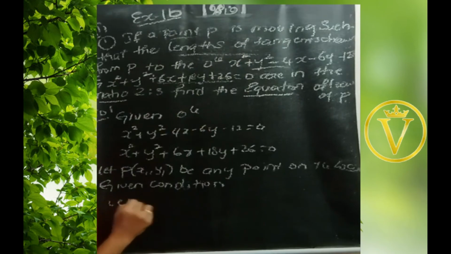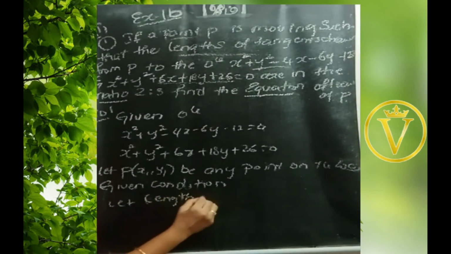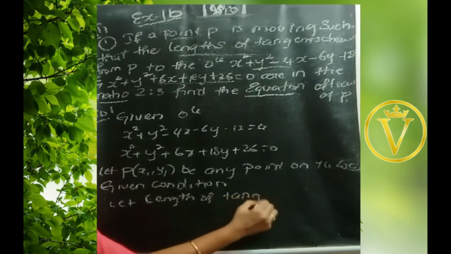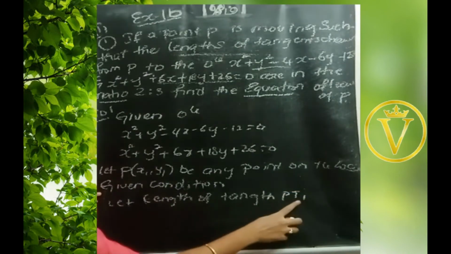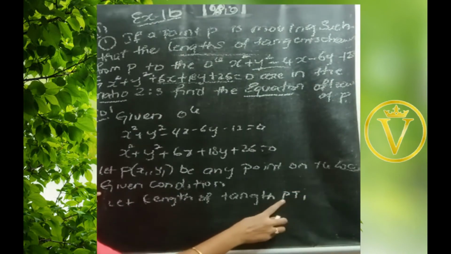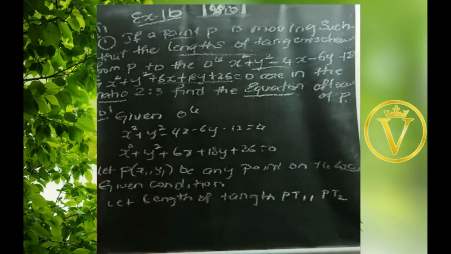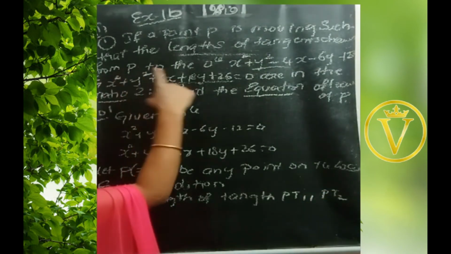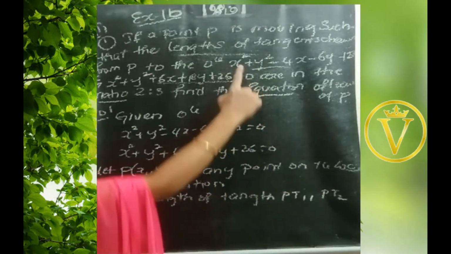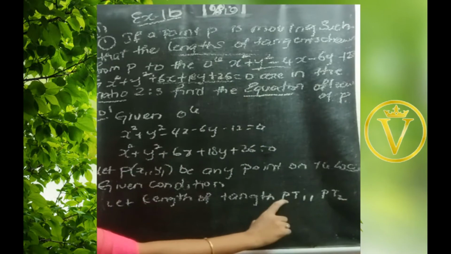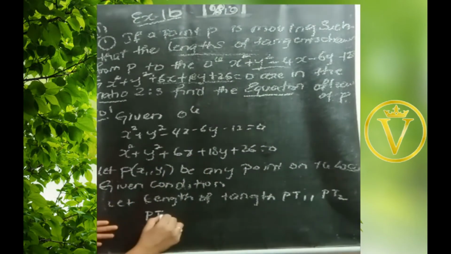Let the length of the tangent passing from P to the first circle be PT1, and to the second circle be PT2.